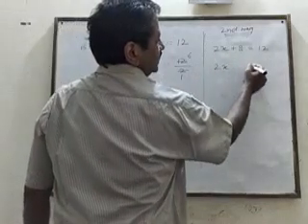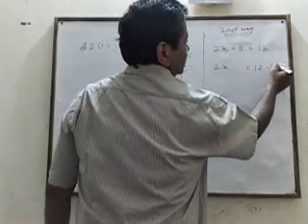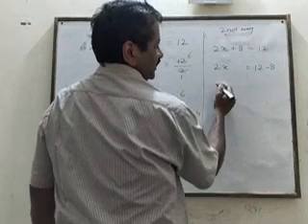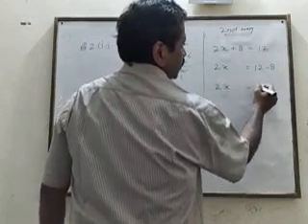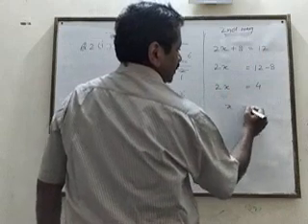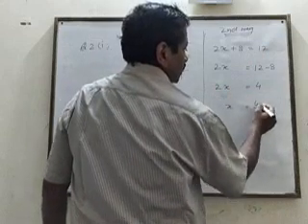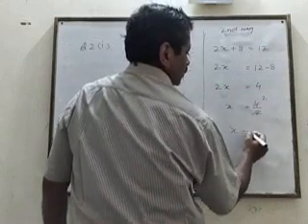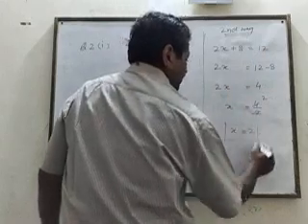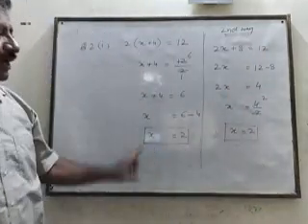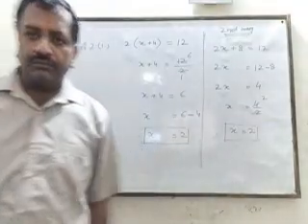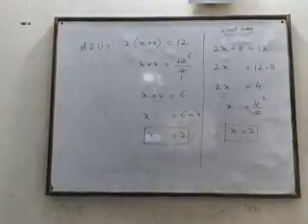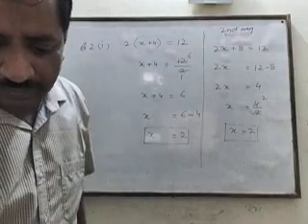So 2x is equal to 12 minus 8. Shift this 8 to that side, just like previous questions. 2x equal to 4. x equal to 4 upon 2. x equal to 2. The answer will come the same whether you do it this way or that way. So you can do it that way also.